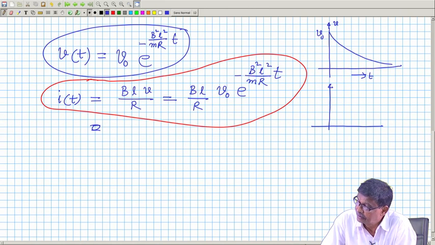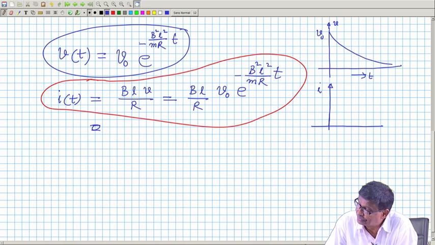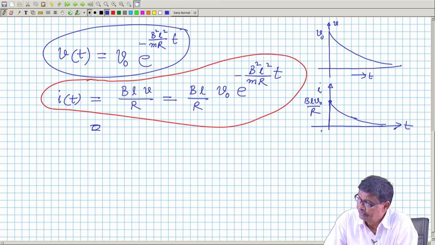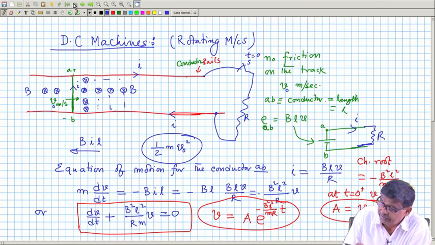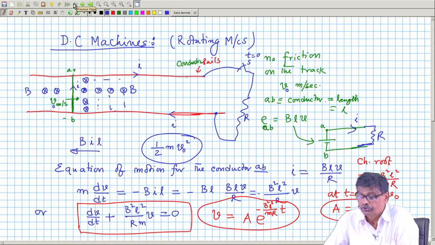The current in the circuit at t equal to 0, when you close the switch, is BL V naught by R, then it also exponentially decays down to 0. This is the time axis. So this generator will not last long, but we have understood several things.